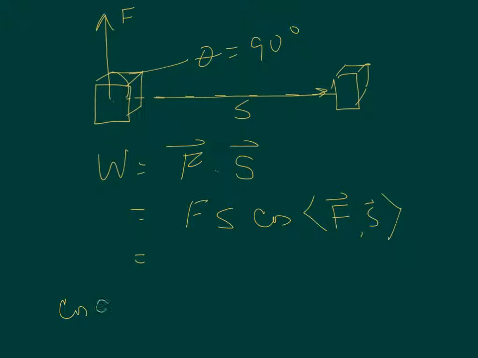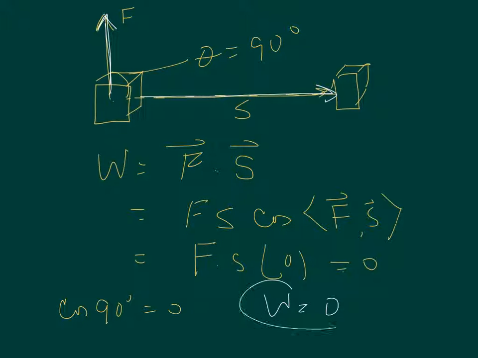The cosine of 90 degrees is 0. So we would have F times S times 0, and we would get 0. And that's what we might expect, because if we pull up, we don't exert any force in the direction of this distance, so we would have no work. The work would equal 0.